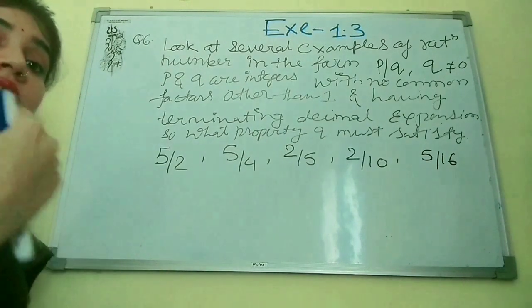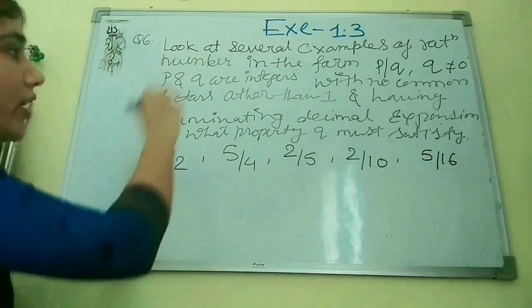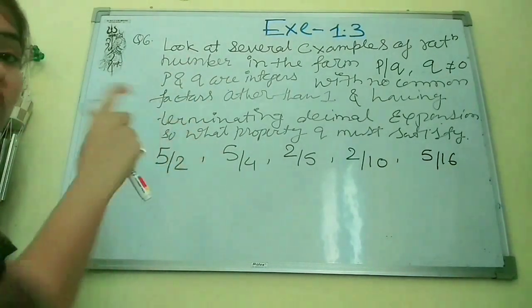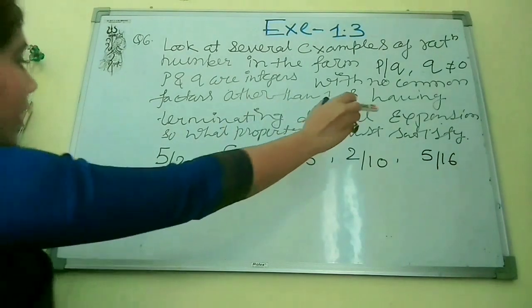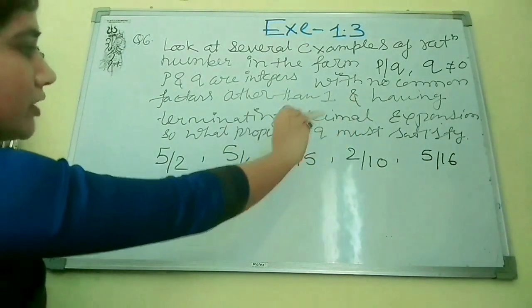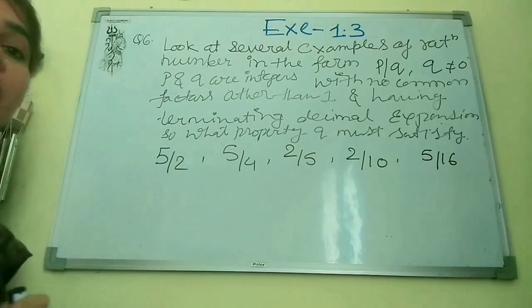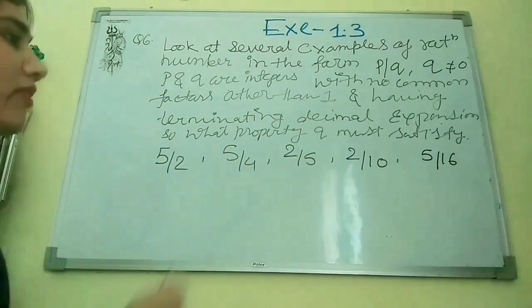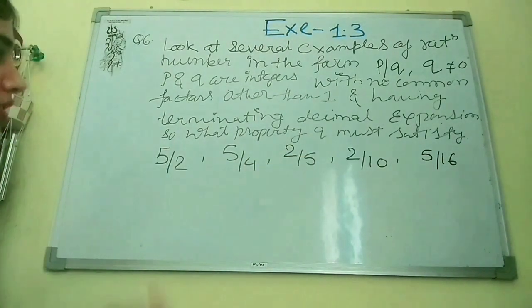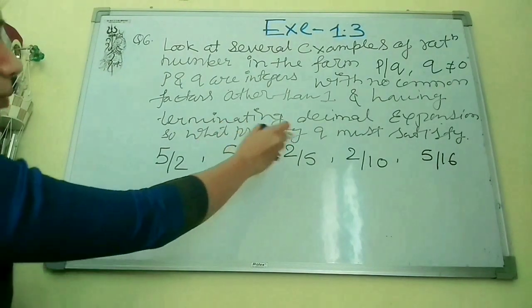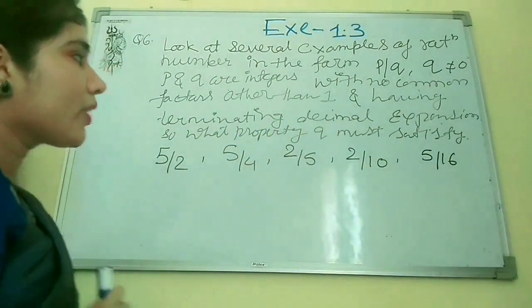The decimal expansion should be terminating. We will divide and find out whether it is terminating or not. So what property must q satisfy?